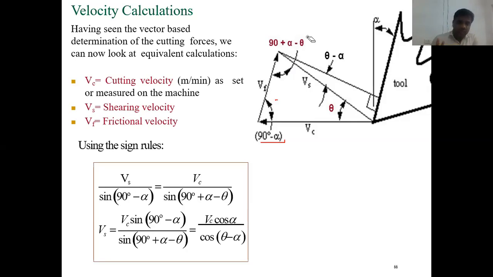So I am taking the sine principle only here, and only two sides, VC and VS. VC is this, VS is this.